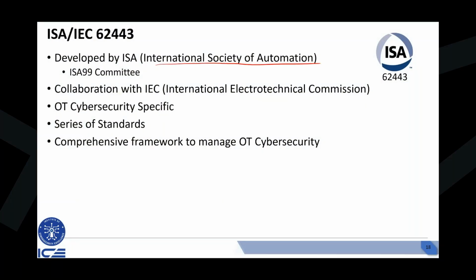I'm sure you all know that by now. ISA 99 was the committee responsible for the development of the standard. It was done in collaboration with IEC, and in the US it is also labeled as an ANSI standard. These are just some of the finer details.